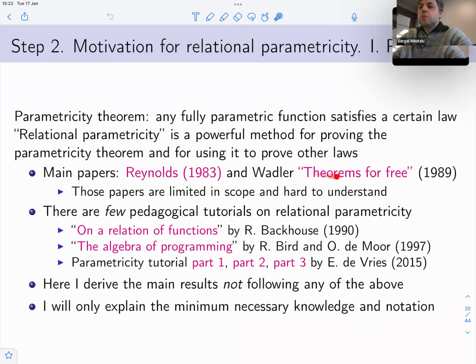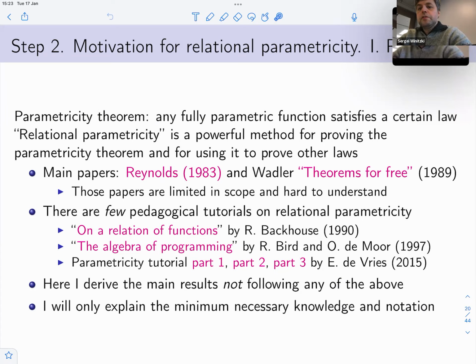Unfortunately, these papers are quite difficult to understand, I think it's fair to say. I couldn't understand most of what that paper was saying about parametricity, and I couldn't understand a large part of Wadler's paper. And I also didn't see how I could apply that information to derive other properties. And I also couldn't understand how they prove anything.